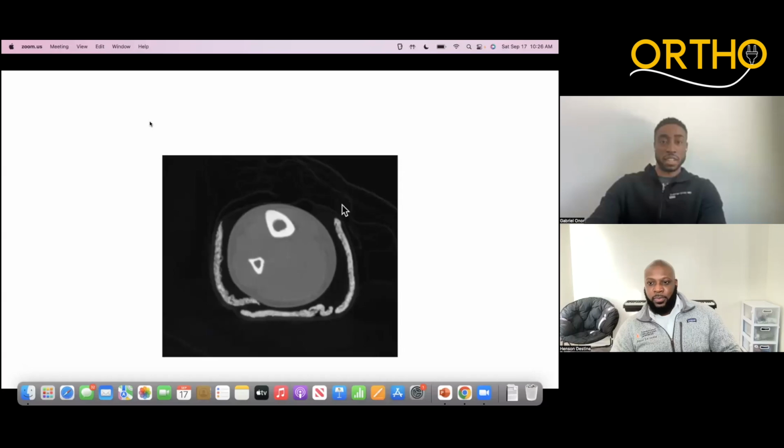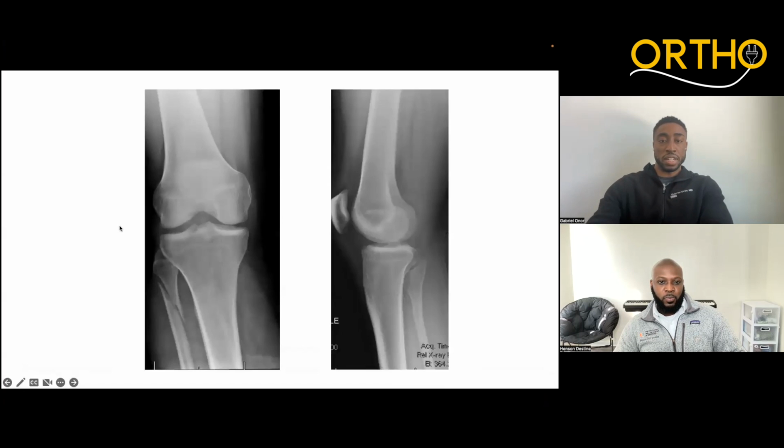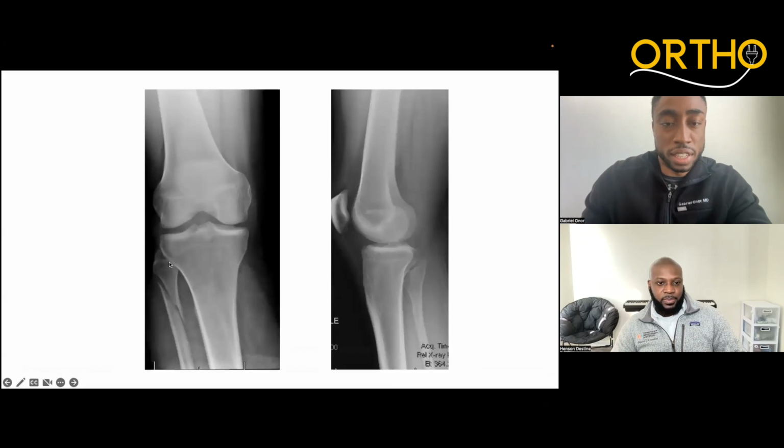When you say skeletally mature and immature, can you use just ages for that, or is there something on imaging specifically that tells you, okay, this person is definitely skeletally mature? That's a good question. On the x-rays, you're going to be looking at the physis. So I'm going to pull my imaging back up. Even with this AP of the knee, you're looking at the physis here. You can see a physeal scar here.